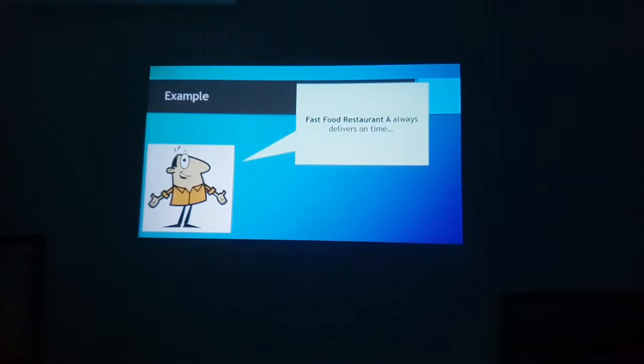Let's have an example. Fast food restaurant A always delivers on time. So, person A hypothesized that fast food restaurant A always delivers on time. This can be tested by gathering enough data, which is the descriptive statistics, through ordering from that restaurant a couple of times, then using inferential statistics to analyze and interpret the data.